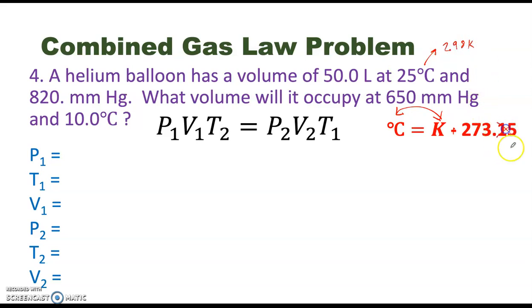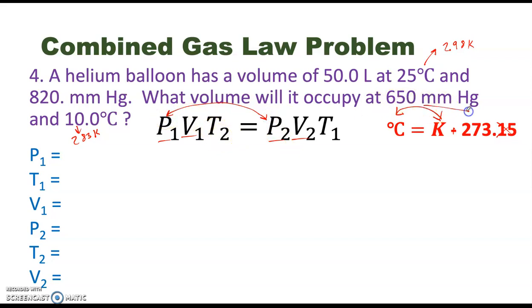I'm not going to worry about the 0.5 just for the sake of getting through this video a little quicker. If we add 273 to 10, we get 283 Kelvin. So there we go. We've got our temperature in Kelvin. The other thing that's important is your pressure and your volumes have to be consistent. So like the 2 pressures, it doesn't really matter what units they're in as long as they're consistent.